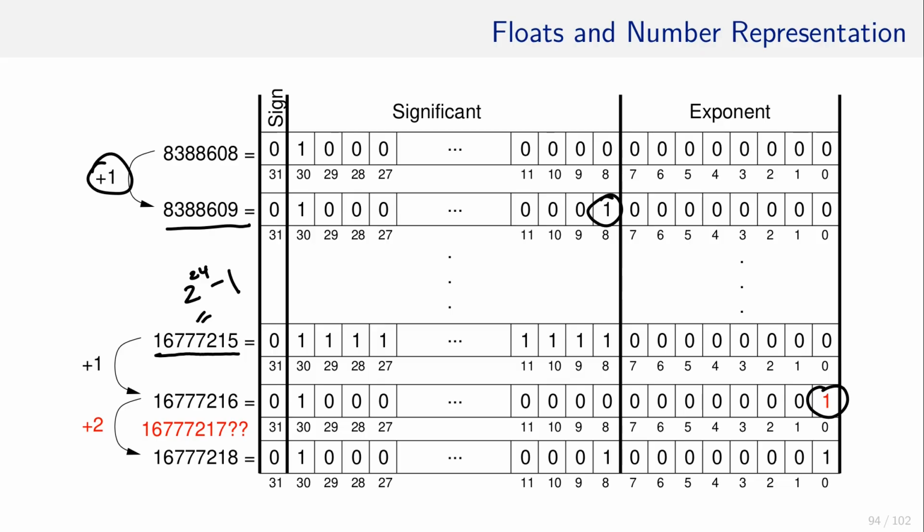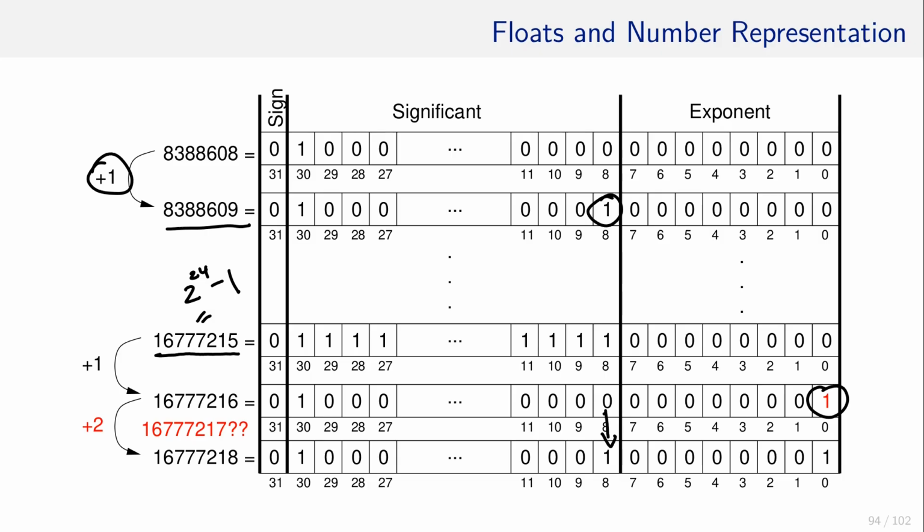However, if we increment the significand by 1 now, the next number is 16,777,218 and not 217, which cannot be represented any longer. A higher exponent decreased the precision of numbers, but now we can represent numbers that are beyond the maximum of 23 bits of the significand. This is also valid for rational numbers.